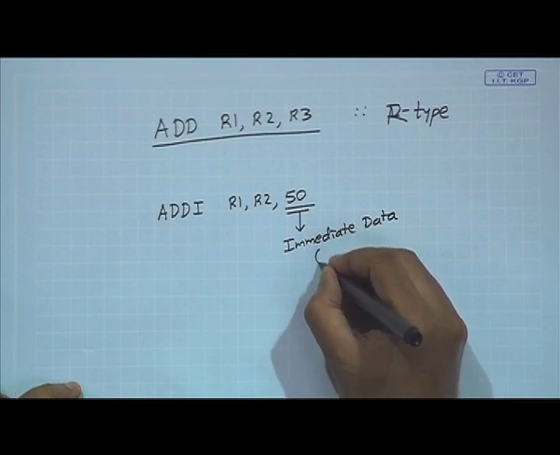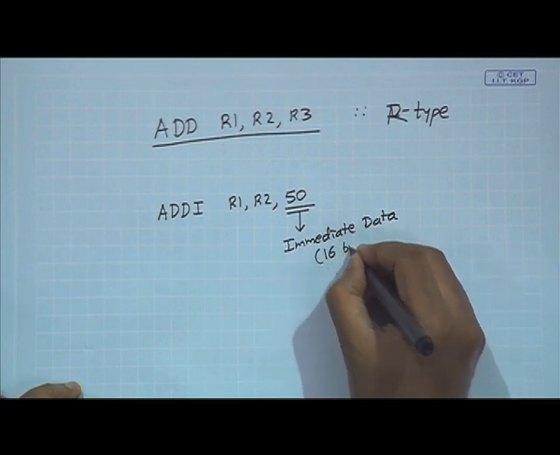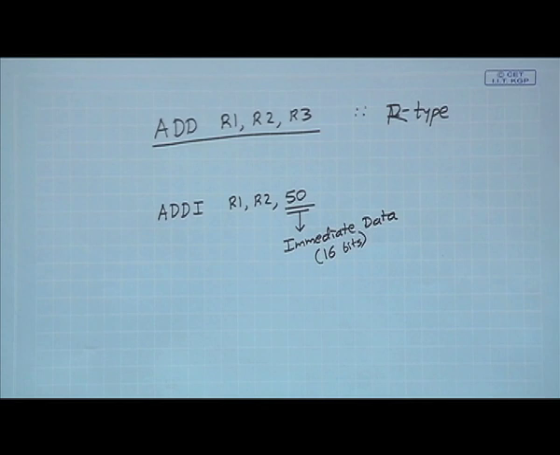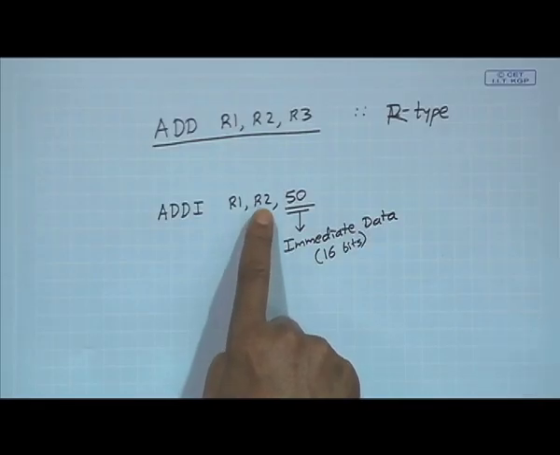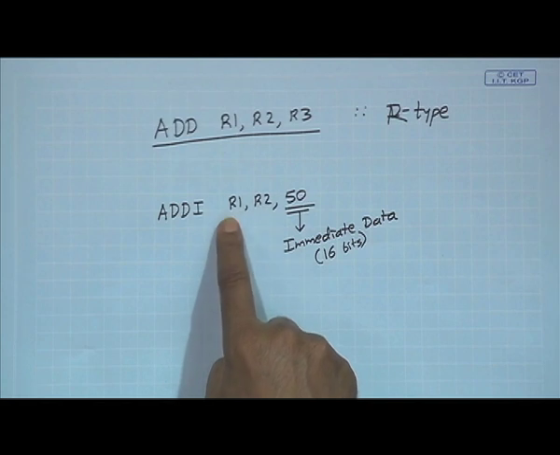Now, here this immediate data is encoded in 16 bits, right. So, you see how the instruction encoding is done here. Again, the first 6 bits are for opcode, the next 5 bits are for the source register, like in this case the source register is R2 in the example that we have given, R2 is the source register and R1 is the destination register, right.